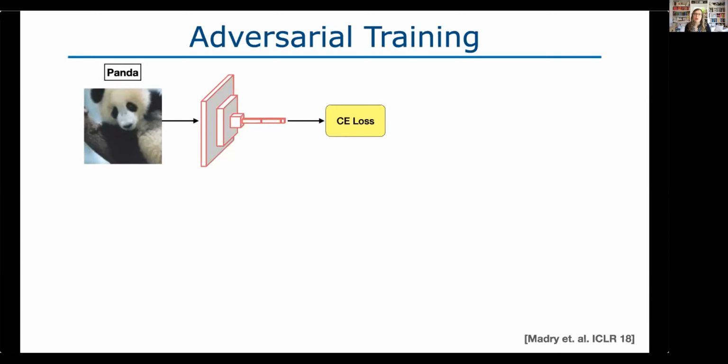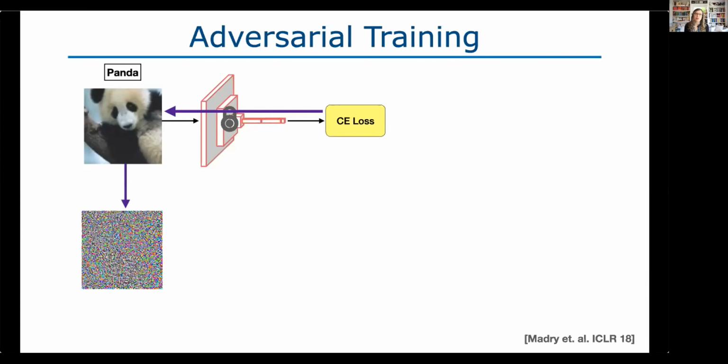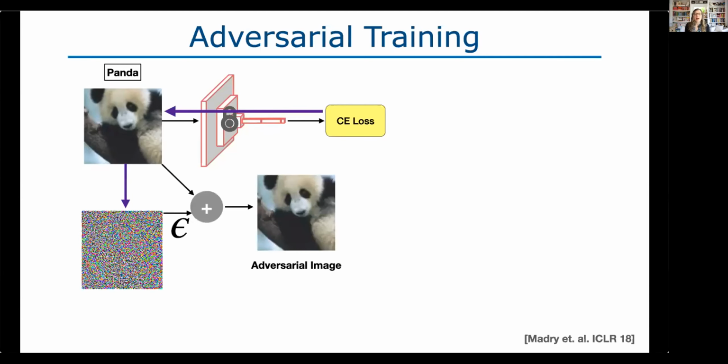And so we thought about how standard adversarial training works. In standard adversarial training, you start by training a clean model. You then freeze the model and take a backward pass all the way to the image. That produces a particular sign gradient image, and you add that together with an epsilon factor.